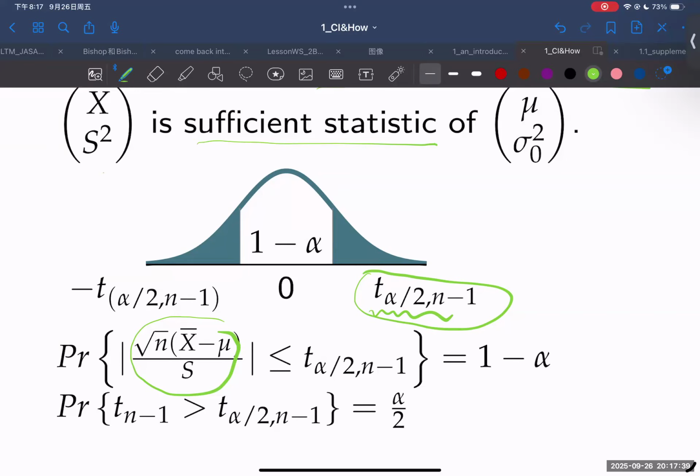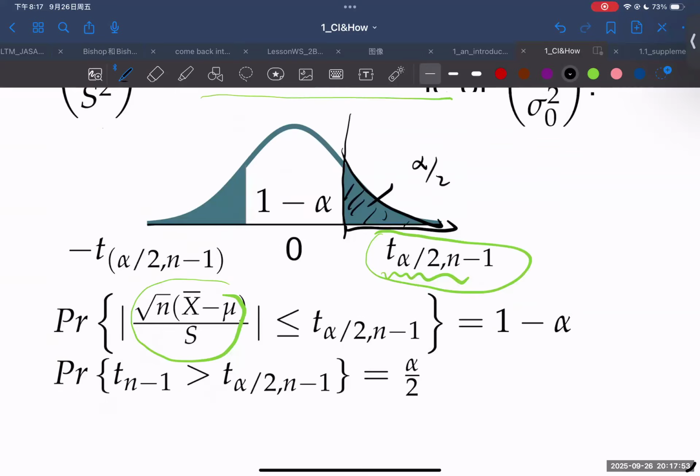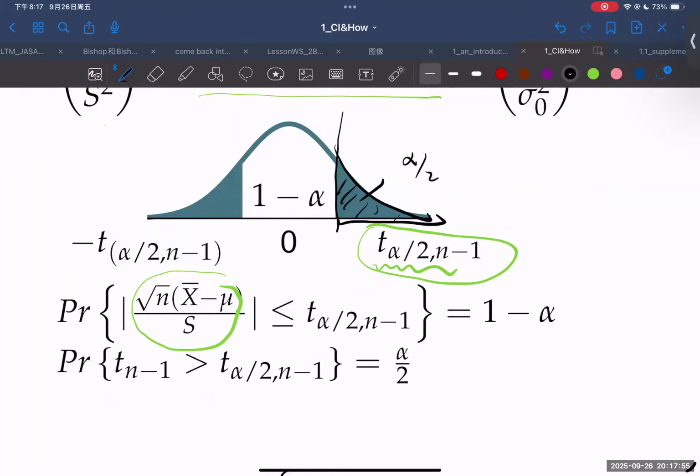The reason is that if you look at the area here, this area is exactly half alpha. So we have the probability that the absolute value is bounded by such a quantile value, and the probability would be 1 minus alpha, right?